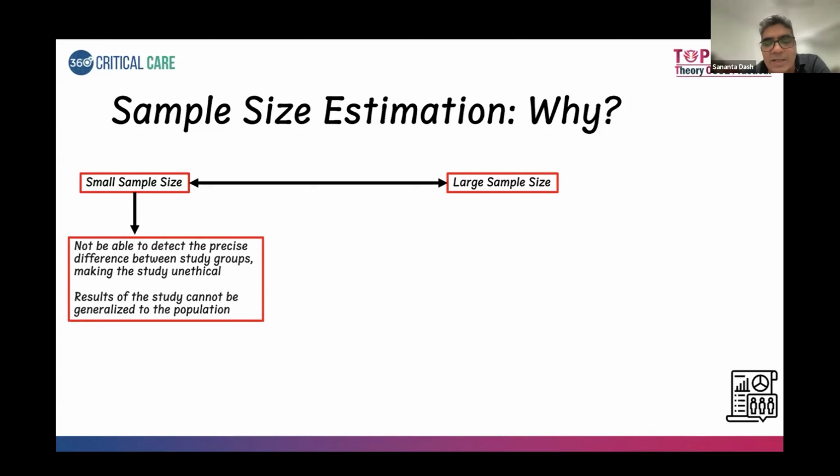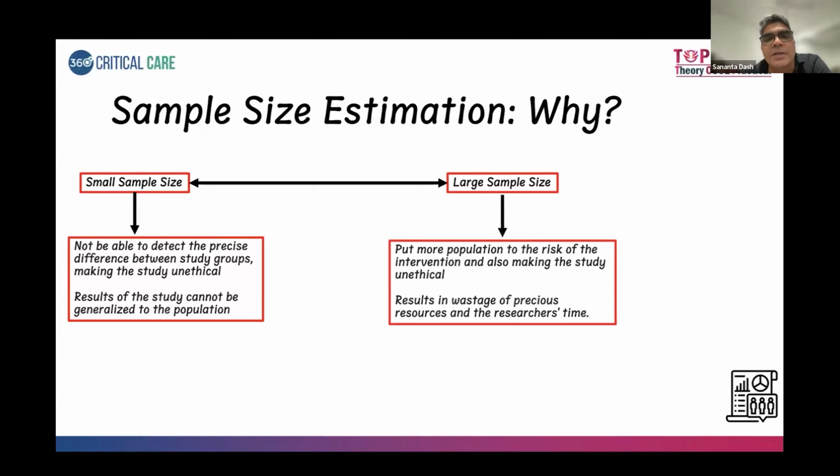They can ask you why you don't take a small sample size, because it will not be representative of the population in general, or you don't have an external validity to the study as Tapas was talking about. With a large sample size, you put more population to risk of the intervention, also making the study unethical.